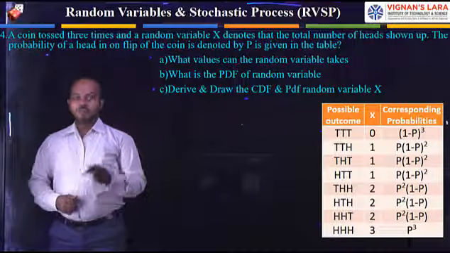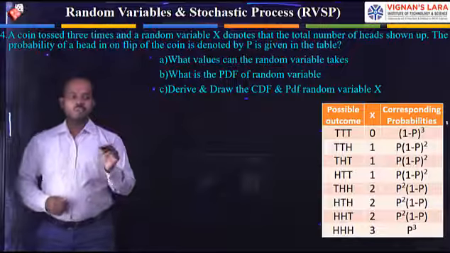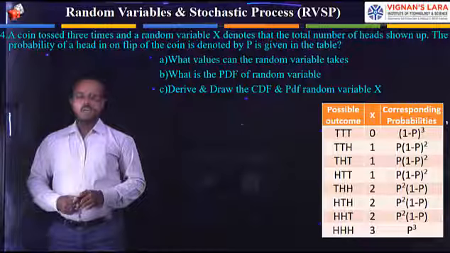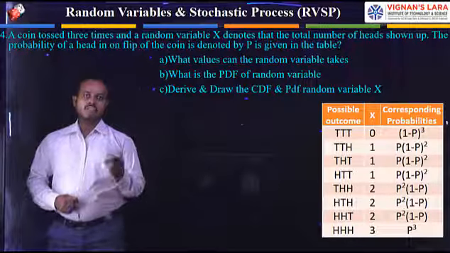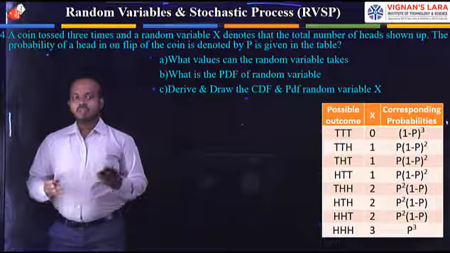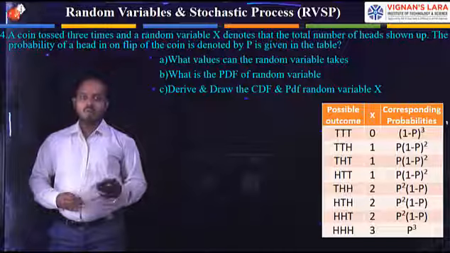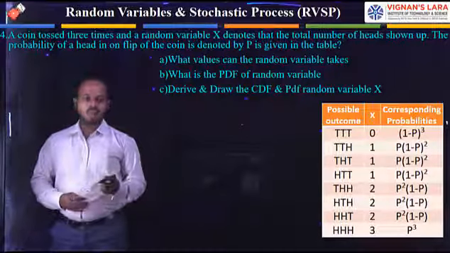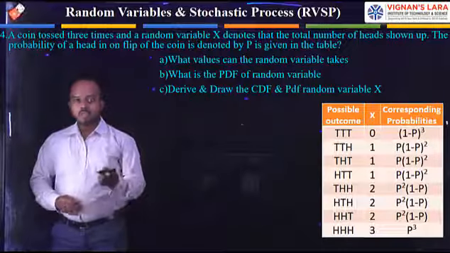Coming to the first one, what are the values the random variable can take? According to given data, what are the possible outcomes available when tossing 3 coins, otherwise the coin is tossed 3 times?